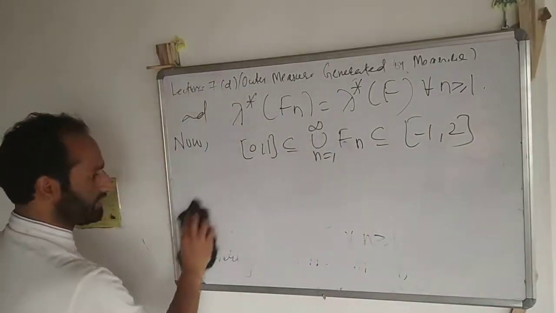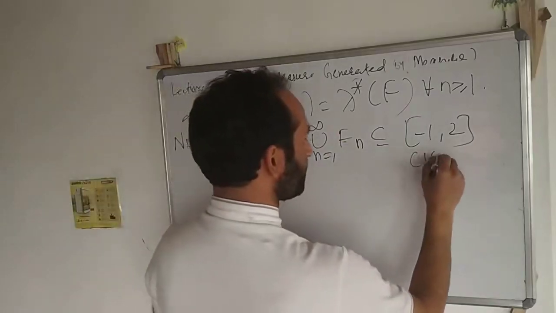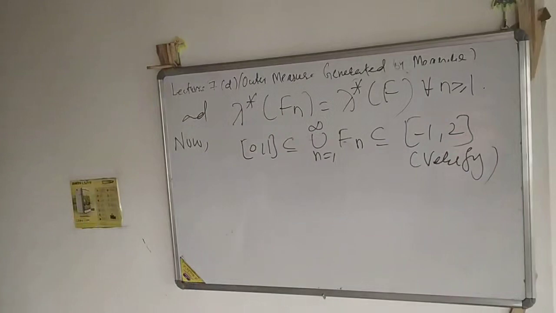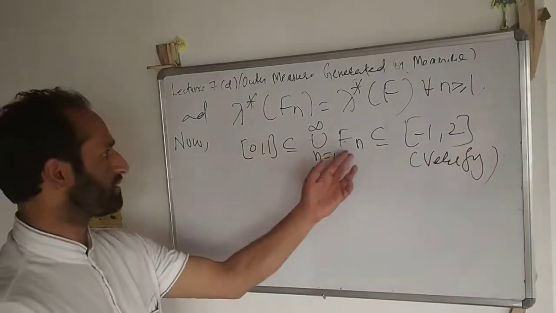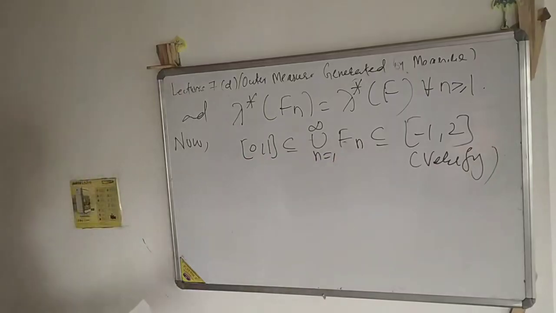I will leave this as an exercise for you. So you verify this. This one is simple because [0,1] is a subset of Fn. [0,1] is always a subset of Fn. It's simple, huh?